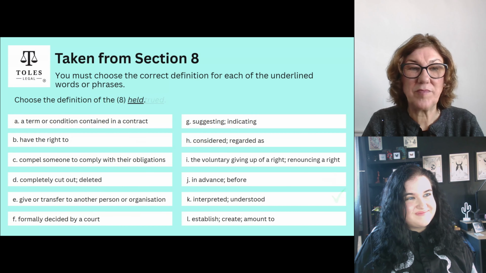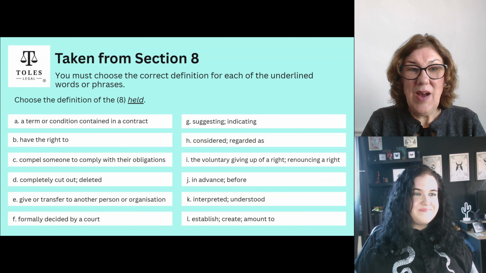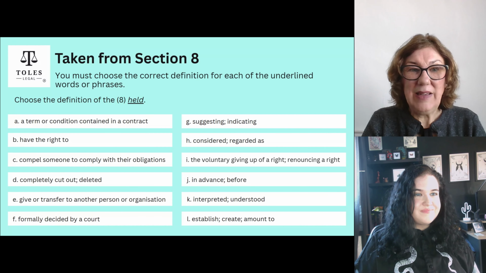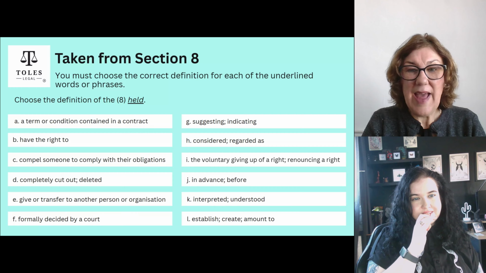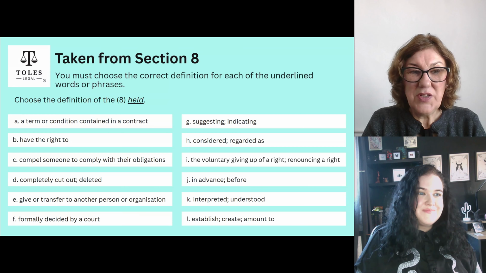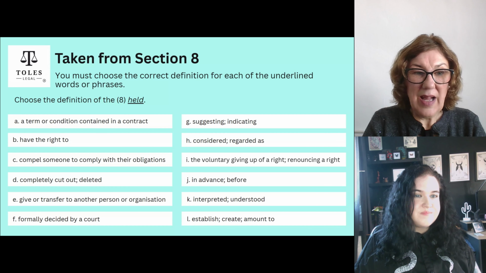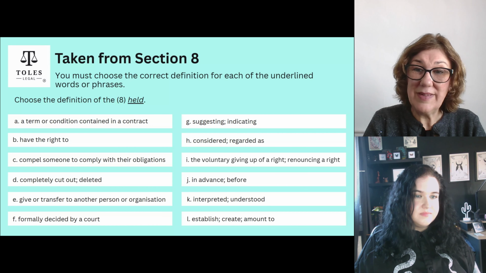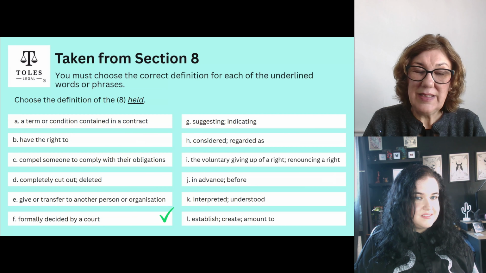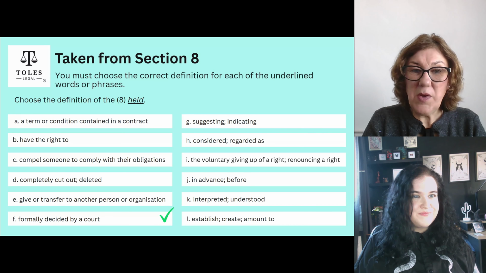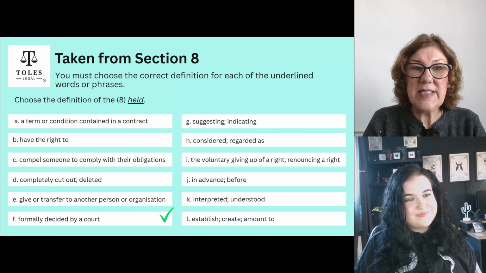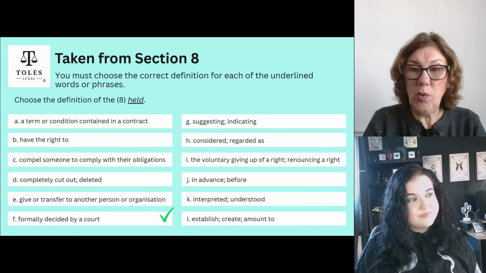Another one. Okay. Held. Just take another look, and this time it's in the first column, not the second one. Is it A, B, C, D, E, or F? It's F. So a court doesn't decide something, it holds.